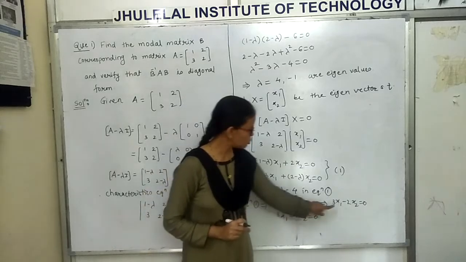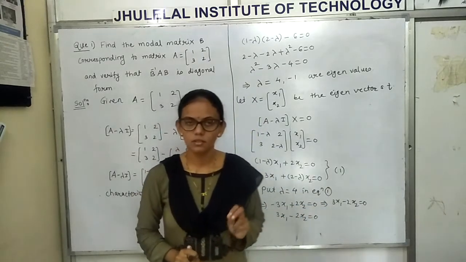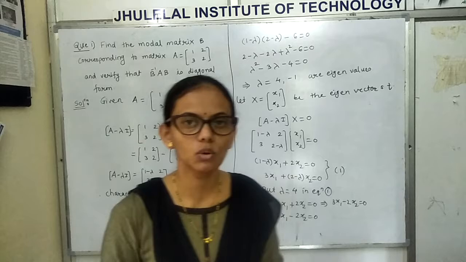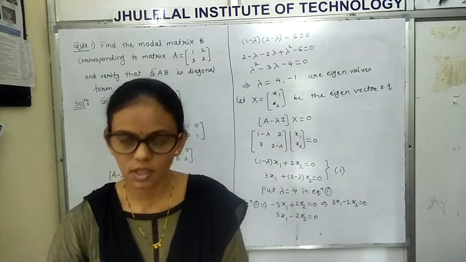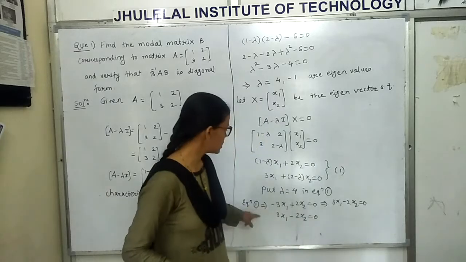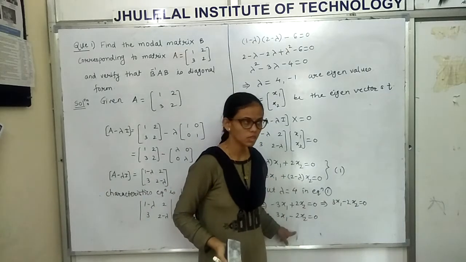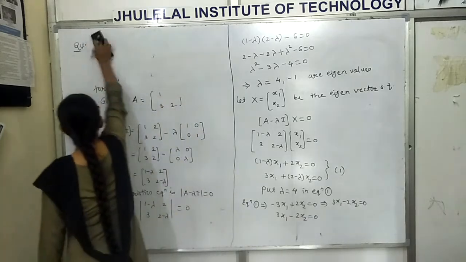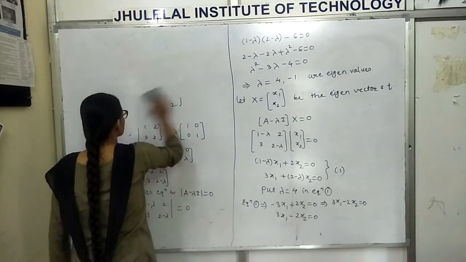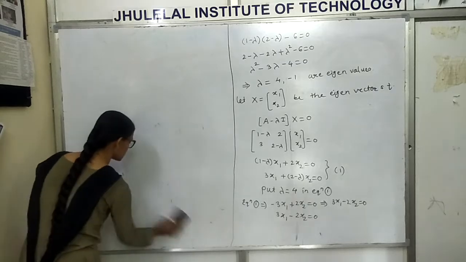So if both the equations are the same, this means that there is nothing but only one equation. We have one equation, but there are two unknowns, that is x1 and x2. Since both the equations are the same, we have to solve only one equation in two variables.